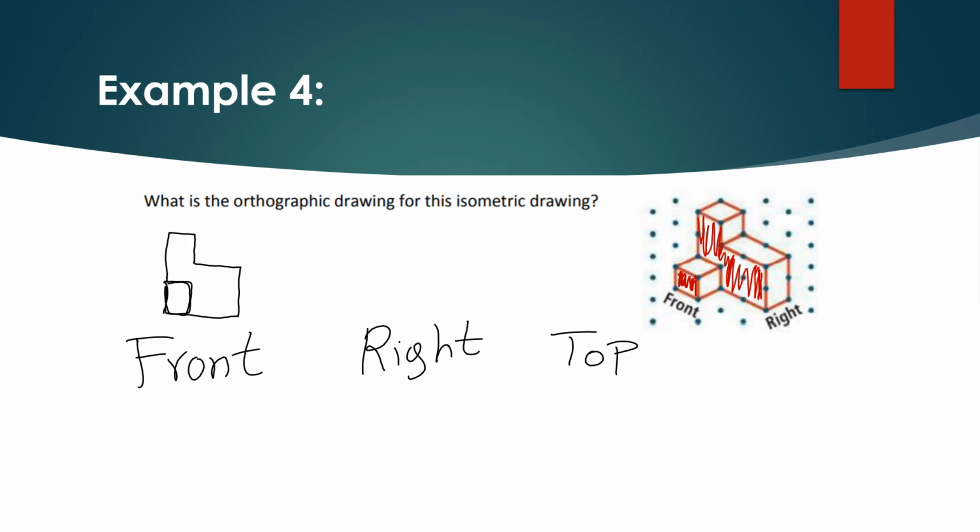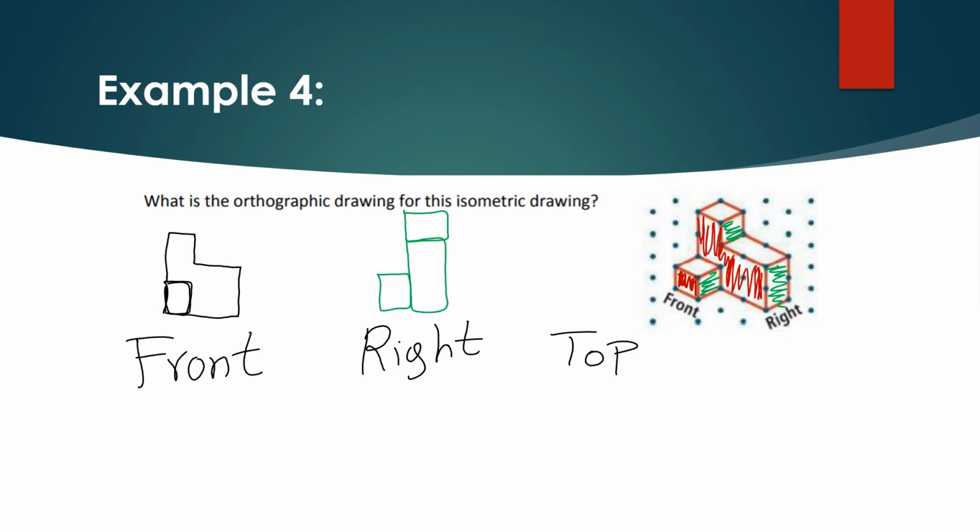If I highlight the right, I'm going to do that in the green. I have a block, I have a rectangle, and another block. So the right's looking something like this. And I've got a block on top. And then the last view that I want to look at is the top.